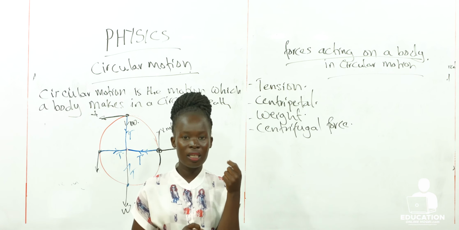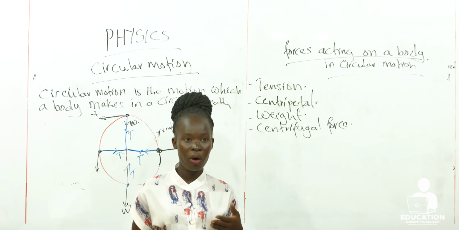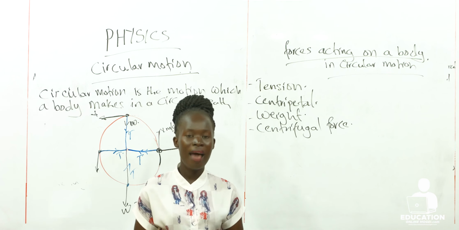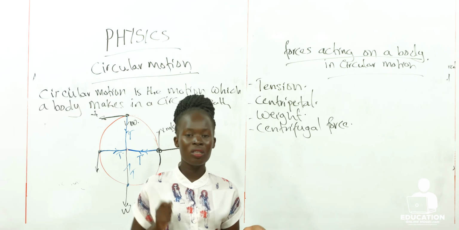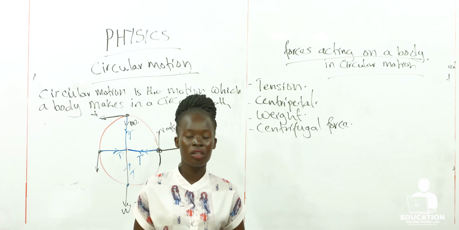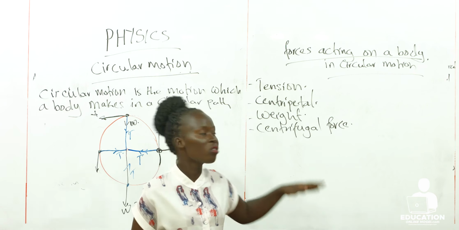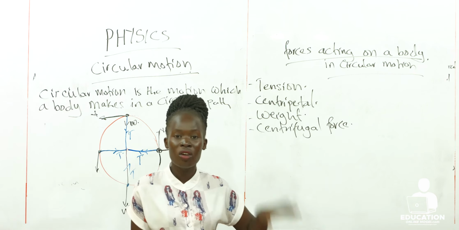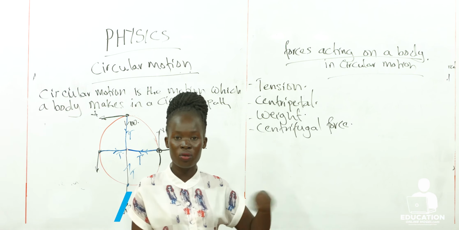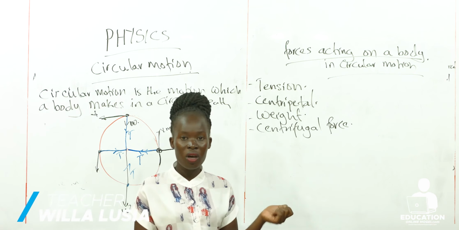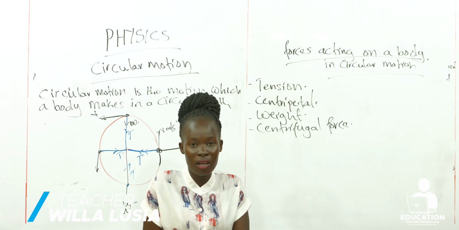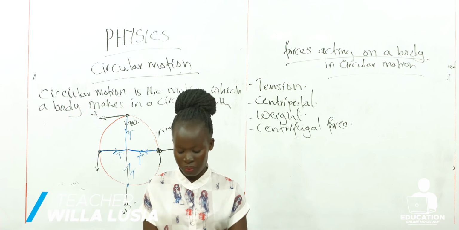It can be a bob or a stone, and then you try swinging it. You see that it will be rotating about a fixed point. So you find also all these forces acting on that stone you're trying to swing around. So those are some examples of this circular motion.